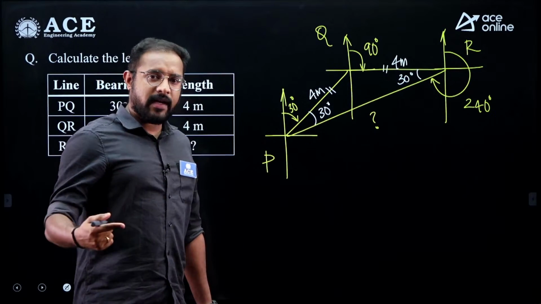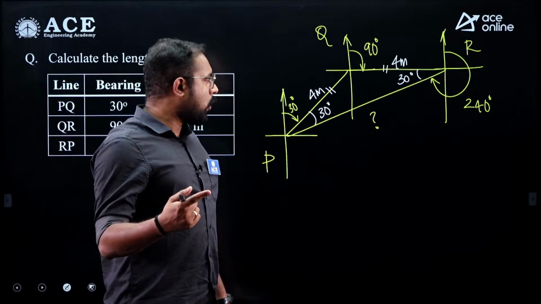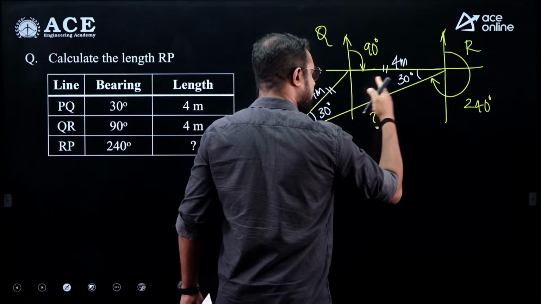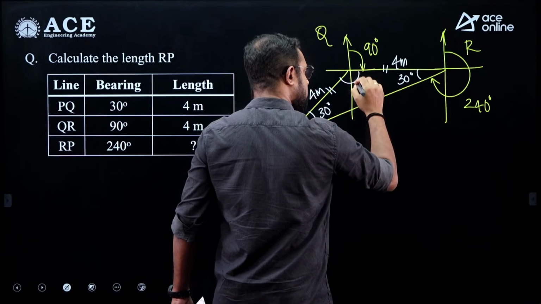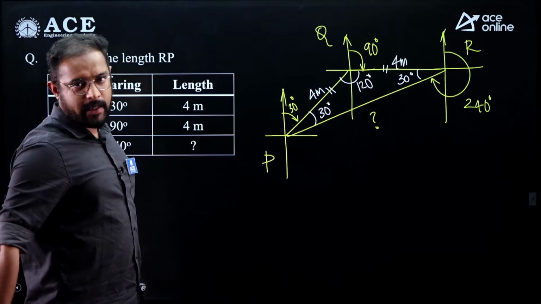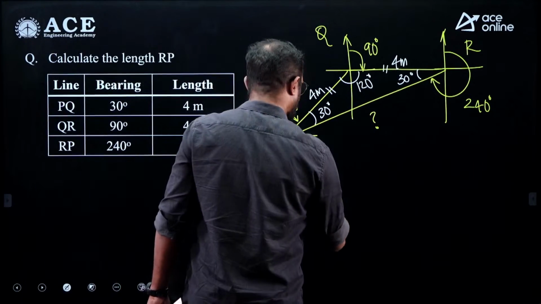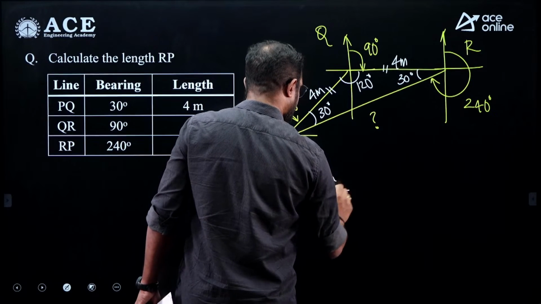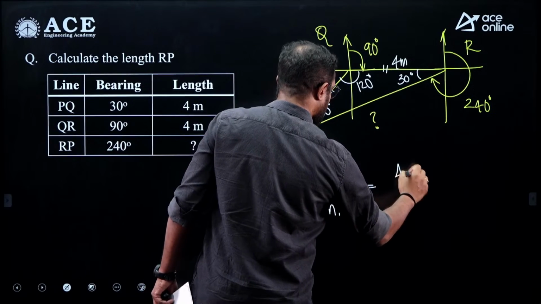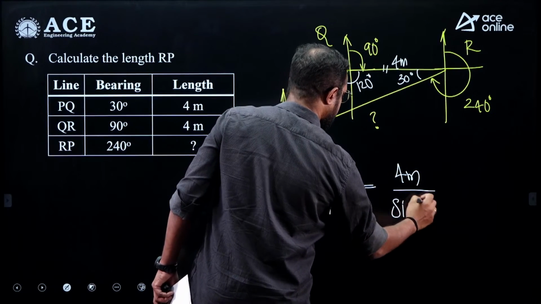So now look at this. You have a triangle. In this triangle, what do you know? Do you know more angles or you know more sides? If this is 30, this is 30, the sum is 60, what will be this? This will be 120 degree. So you know more angles than sides. Then sine rule will give you the answer. So apply sine rule. Write PR or RP divided by sine 120 degree should have the same ratio as 4 meter divided by sine 30 degrees.